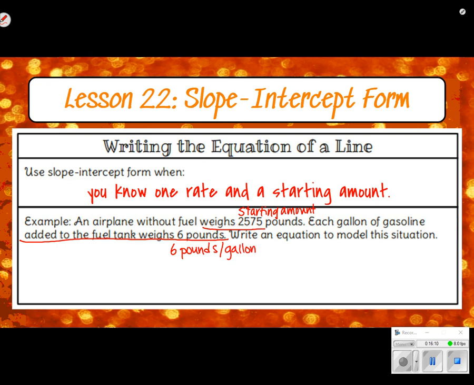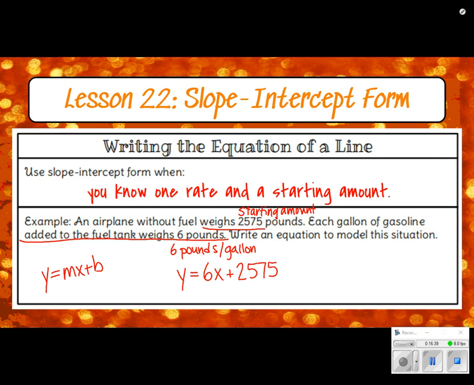Write the equation to model this situation. So we're using slope-intercept form. Y equals mx plus b. Our rate is going to be our slope. Our starting amount is going to be our y-intercept. So if you can identify those, then you can plug them in. 6x for our slope is 6 pounds per gallon plus 2,575 pounds for our starting amount.